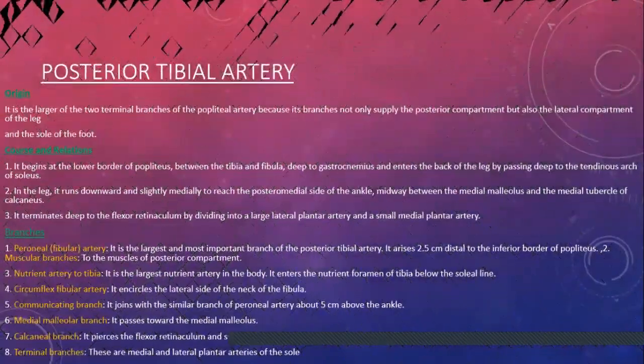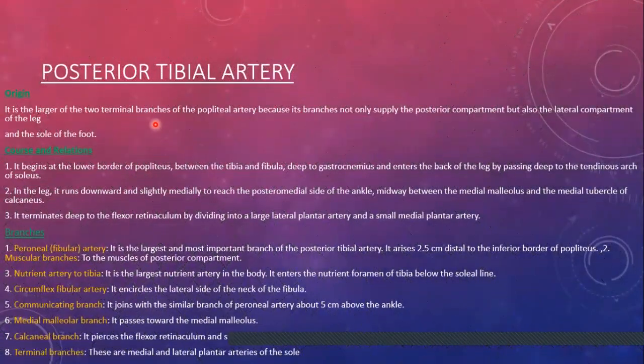Now, posterior tibial artery. It is the larger terminal branch of the popliteal artery. It begins at the lower border of popliteus between tibia and fibula, deep to gastrocnemius, and enters the back of the leg by passing deep to the tendinous arch of soleus or the soleal arch.